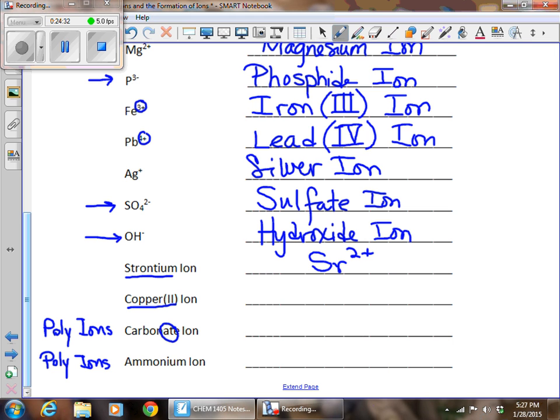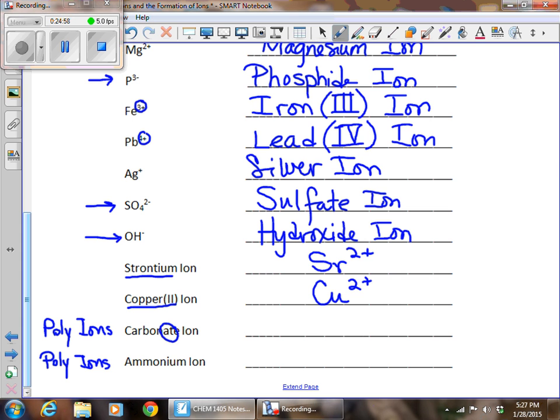We don't have to go through what we just did in the table every single time we're dealing with one of these ions. The copper 2 ion, as soon as it has a Roman numeral, we're like high-fiving each other because we don't have to go to the periodic table. Since it has a Roman numeral, we can simply write that Roman numeral as the numerical part of the charge. Roman numerals are always positive, so it's going to be Cu with the 2+ charge.